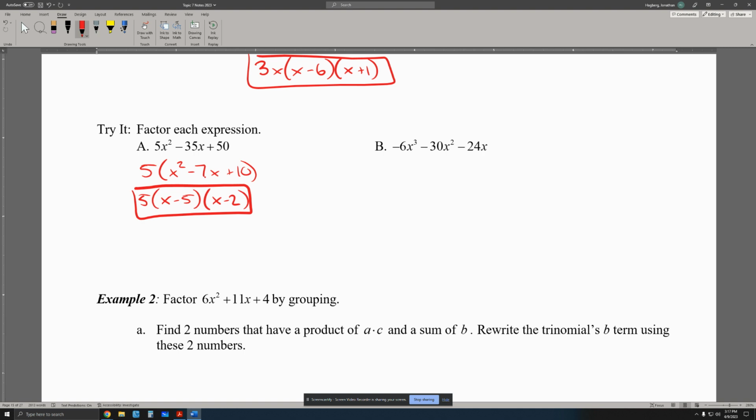Letter B. I notice that from negative 6, negative 30, and negative 24, the GCF is negative 6. And from each of those terms as well, there is a common variable factor. We can factor out in total 1x from each of these terms. I notice that that's the most that they each have in common, is just 1x.